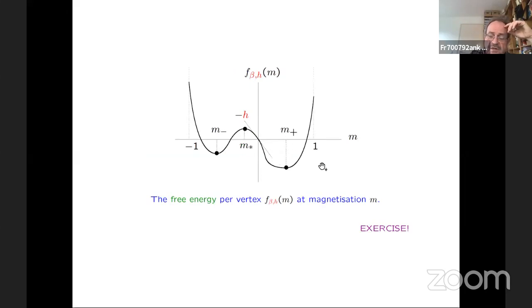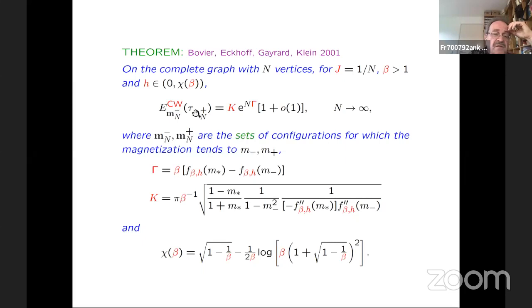If I start from a set of configurations for which the empirical magnetization is really close to these two numbers, then in the Curie-Weiss model, the time that you cross over is given by a formula that looks of the type as we've seen it before.